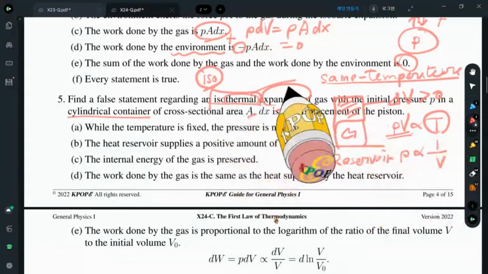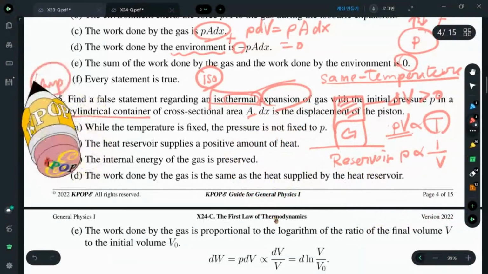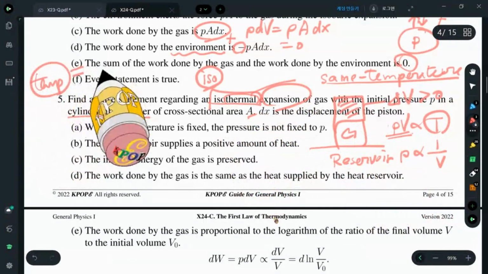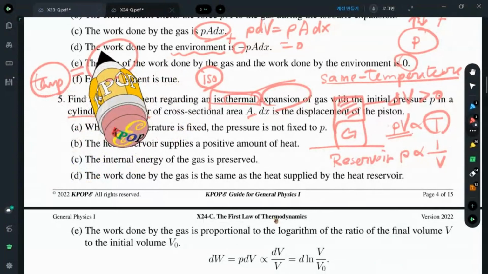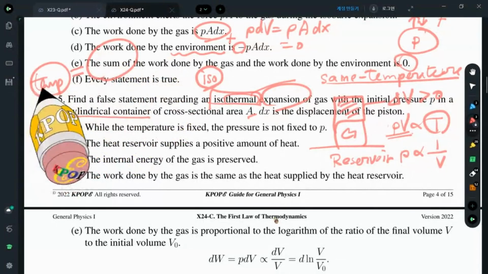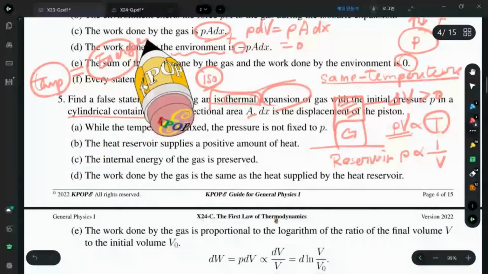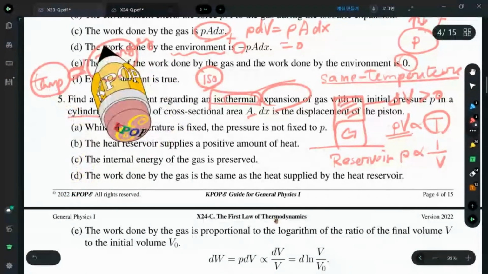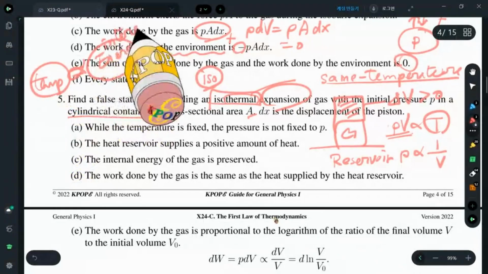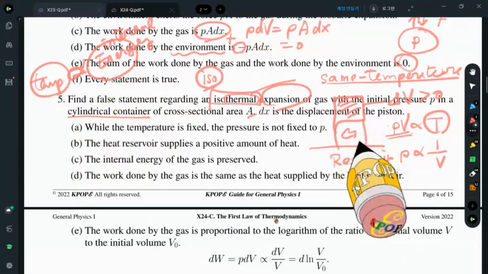But the temperature is the same. Temperature is equivalent to energy up to a factor k_B. Temperature is proportional to the internal energy. Temperature is the internal energy of the gas.